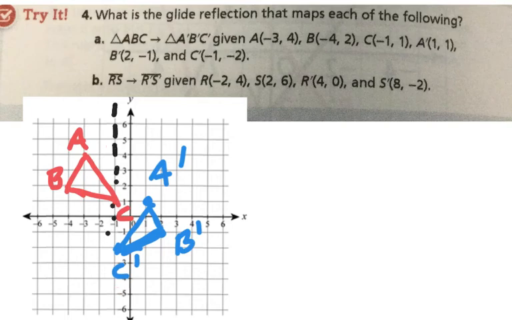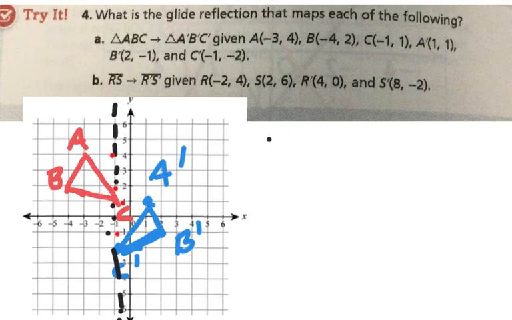So I'm thinking I'm probably going to reflect over this line here. Because look, from B to that line is 1, 2, 3. B prime to that line is 1, 2, 3. So that lets me know that that's where I need to reflect over. It's in the middle. A, 1, 2, A prime, 1, 2.